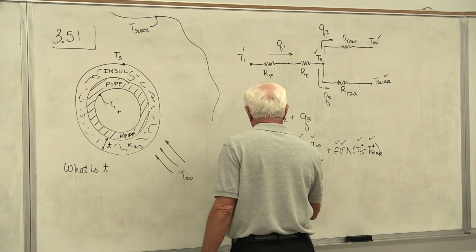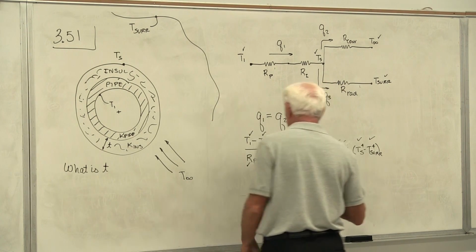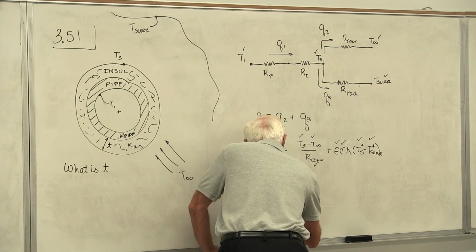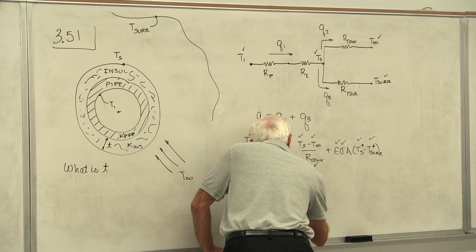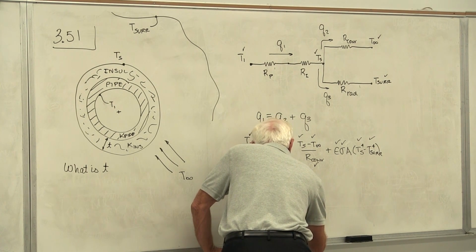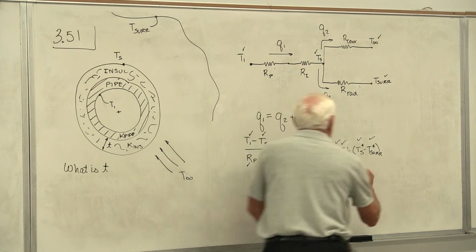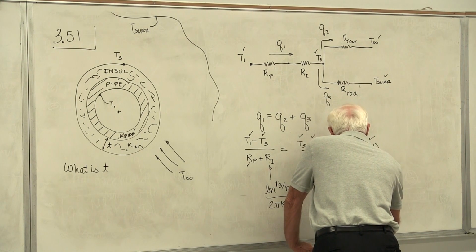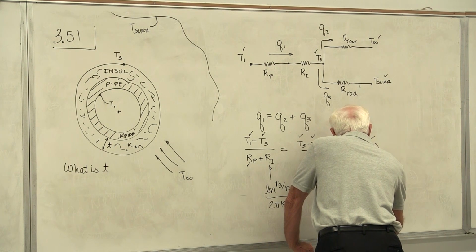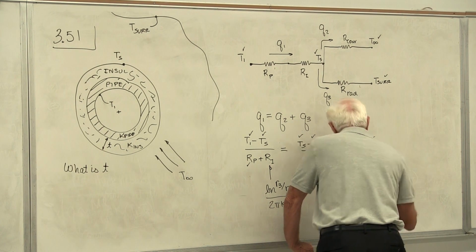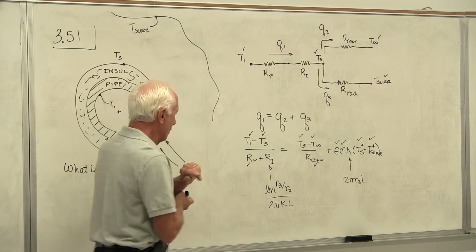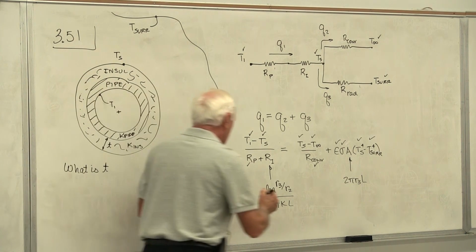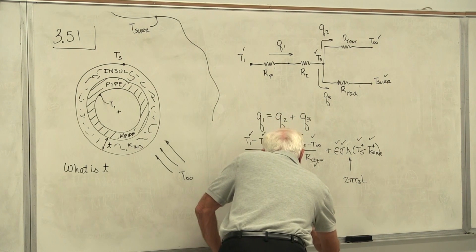Okay, RP, I know it. R convection, I know it. RI is natural log R3 over R2 divided by 2 pi K L. The area here is pi d, so 2 pi R3 times L. I know K insulation.